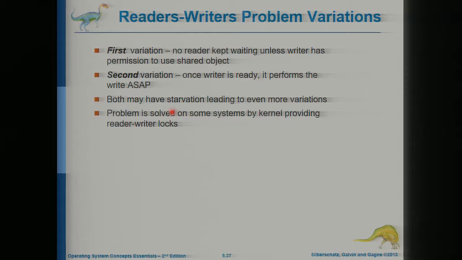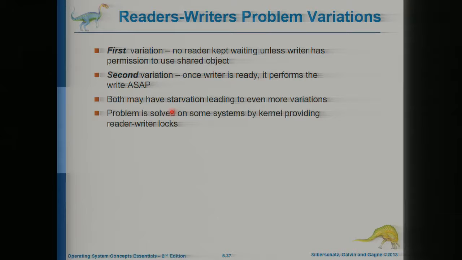In the second case, readers can go on coming and will stay in the waiting state because writers have the higher preference. So we need a balance between them, a solution such that neither the reader starves nor the writer starves.